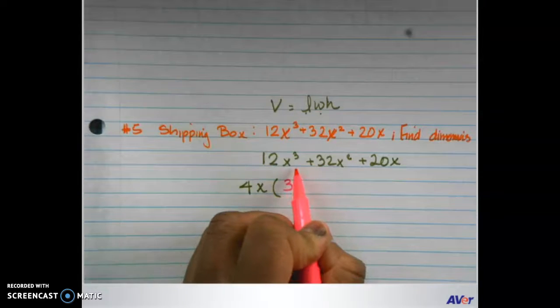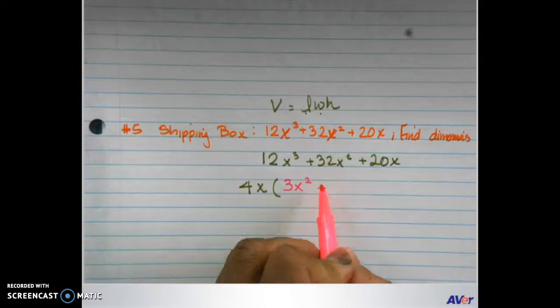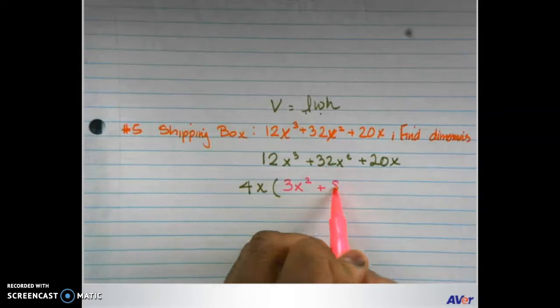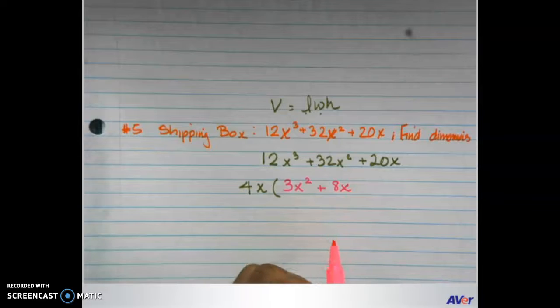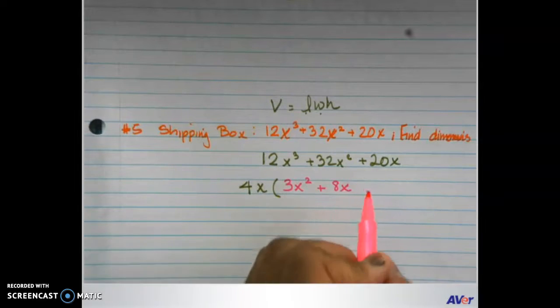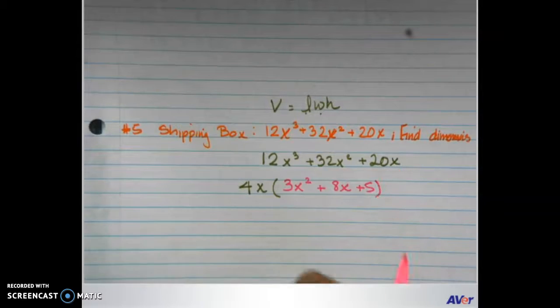I had X cubed and I took off an X, so I'm going to write that as X squared. Plus 32 divided by 4 is 8. I had X squared for this one and I took off an X, so I have just an X left. And then 20 divided by 4 is 5. And I had an X, I took it out, there's none left.